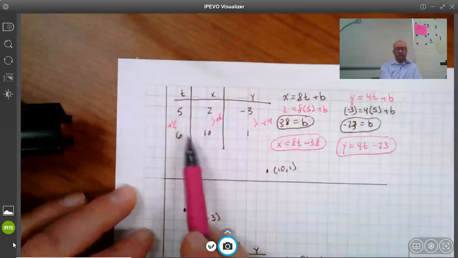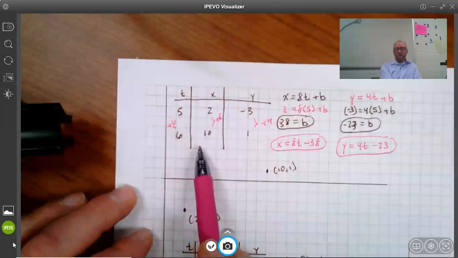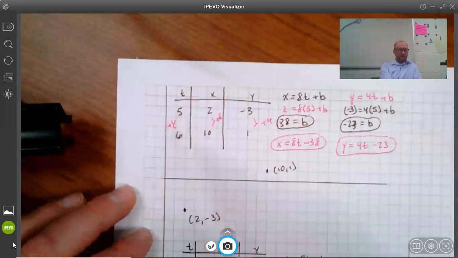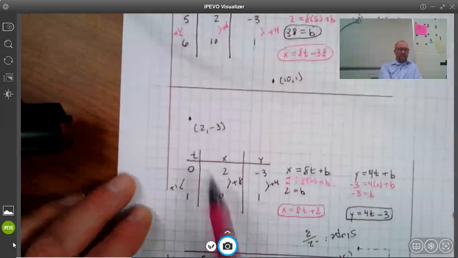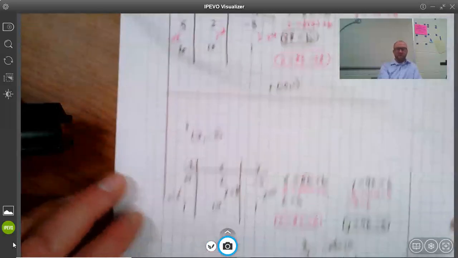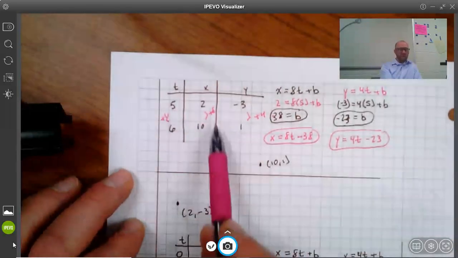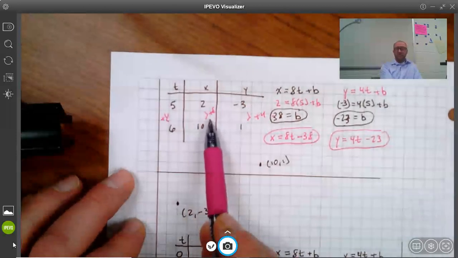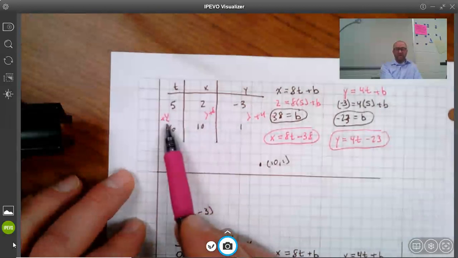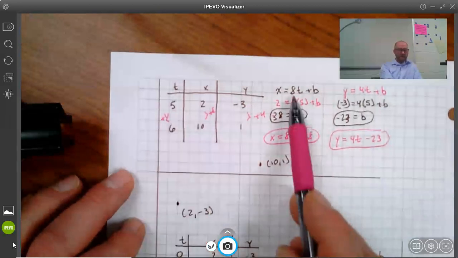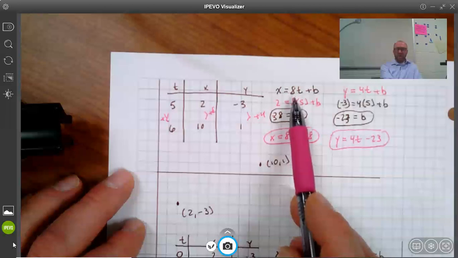Okay. So the procedure here, if I'm given 2 points and I'm trying to write the equation, is, I would pick 2 numbers for t. Like I could pick 5 and 6, or I could pick 0 and 1. Then I want to find the slope. So that's the rate of change of x with respect to t. So it's whatever our change in x is over change in t. That becomes the coefficient of t in our equation.